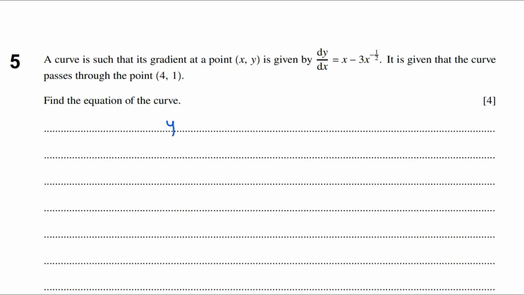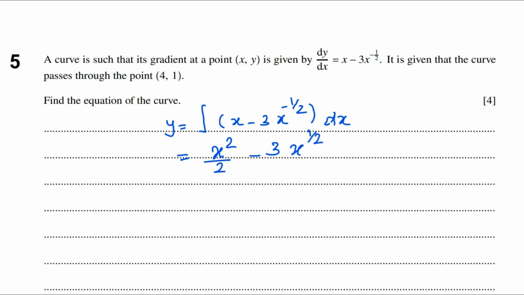So y is equal to integral x minus 3 times x power negative 1 over 2 dx. This is equal to x square divided by 2 minus 3 times x power, increase the power by 1. So negative 1 over 2 plus 1 will give positive 1 over 2 divided by 1 over 2, plus c.